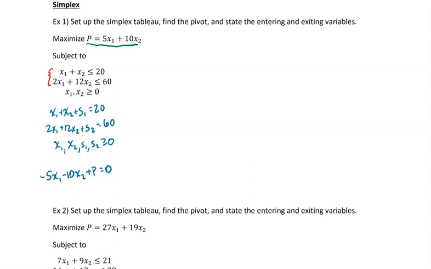So just to make some columns, I'm going to write all the variables, so x1, x2, s1, s2. Now we have one more variable. We actually have p. We are going to need that. And then I usually just put the symbol for the numbers that are on the other side.